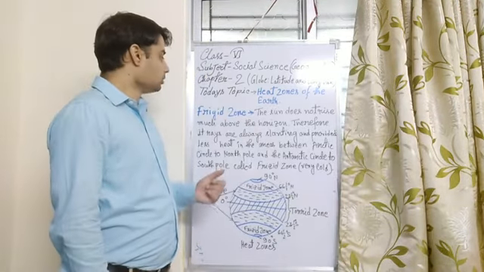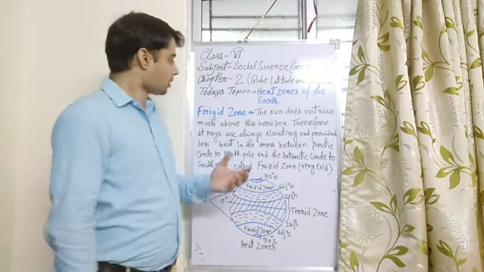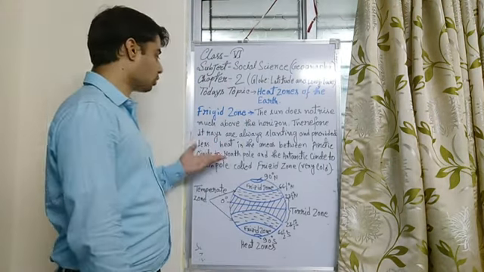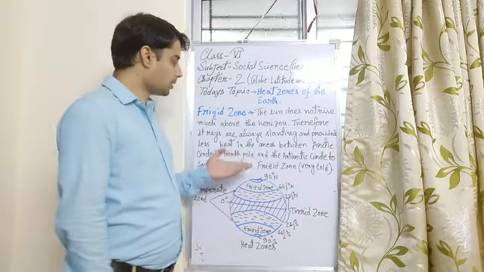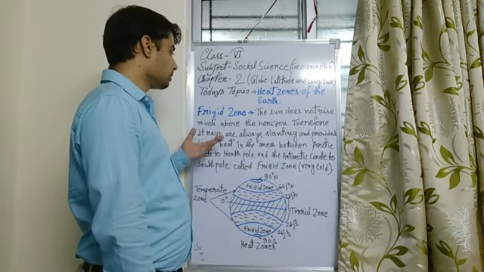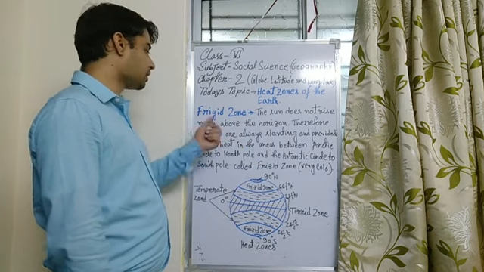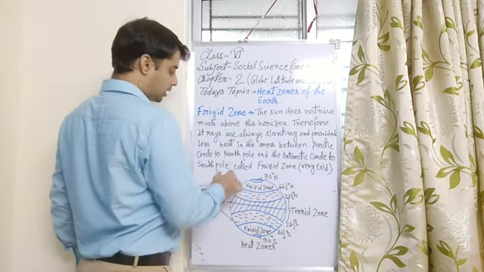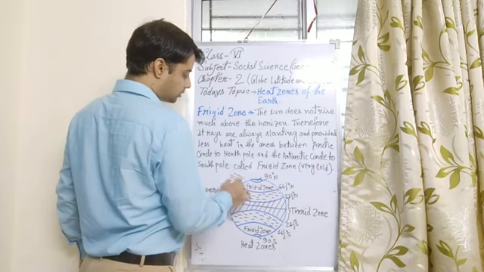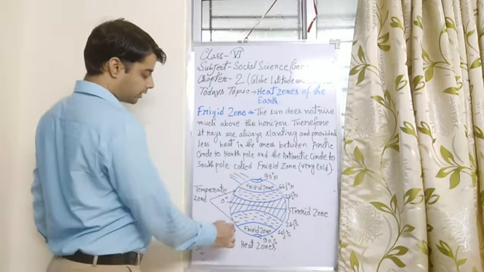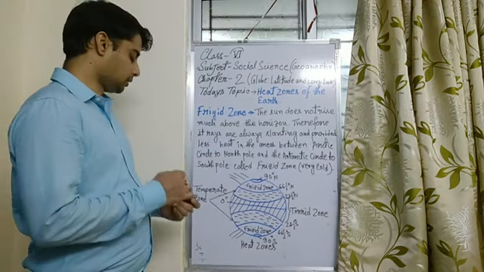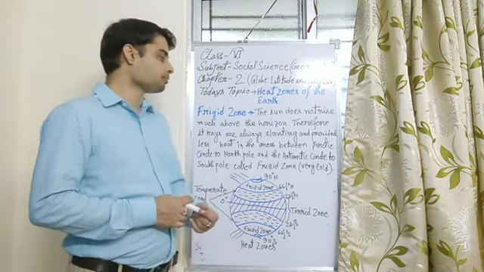Okay, so now the last one, the frigid zone. The sun does not rise much above the horizon, therefore its rays are always slanting and provide less heat in the areas within the Arctic Circle. In both these regions the sun rays fall slantingly, so that's why they receive less heat and sunlight.